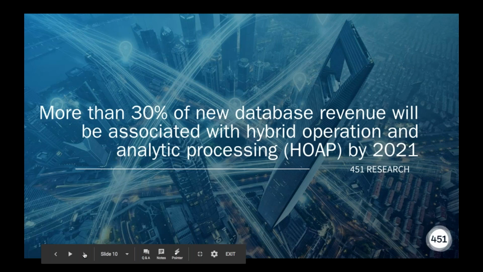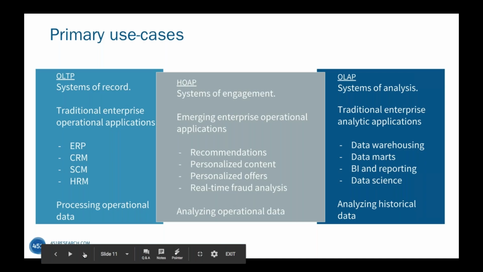I'll go on to explain how we came to that number in a bit more detail later on. But the real reason that we see that adoption is down to the emergence of new use cases, which are driven by this move towards systems of engagement.